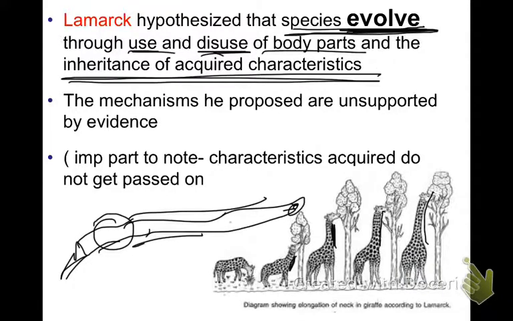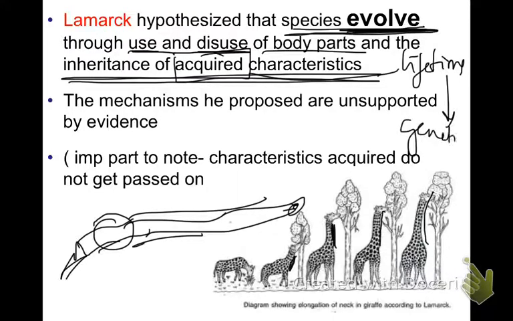Now, what I mean by that is acquired. You acquire it in your lifetime. You cannot pass it on in your genetics. I give the example to my class, anyone who is like a Mr. Universe. He builds his muscle, he trains, and then he becomes a really well muscled, strong man.